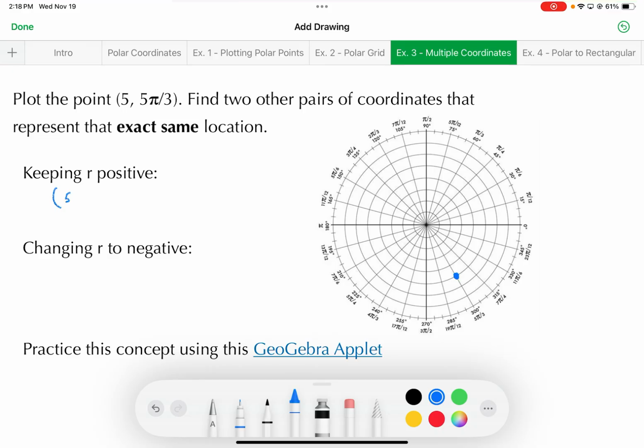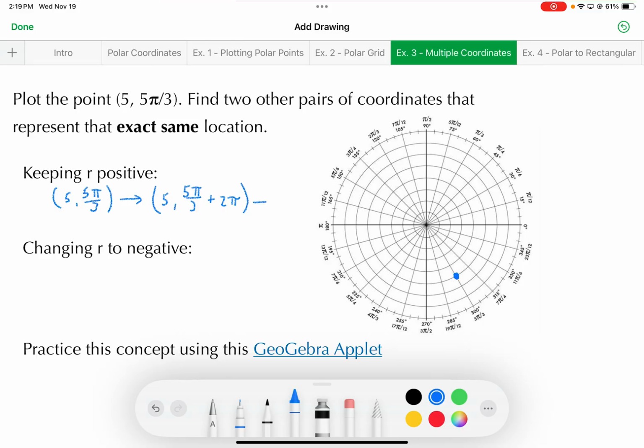So what I could do is take that, and if I want to keep r positive, all I need to do is add 2 pi to it to get another set of coordinates that represents the same thing. And we agree if I'm here at 5 pi over 3 and then I add 2 pi, that just gives me 1 full revolution and I'm back where I started.